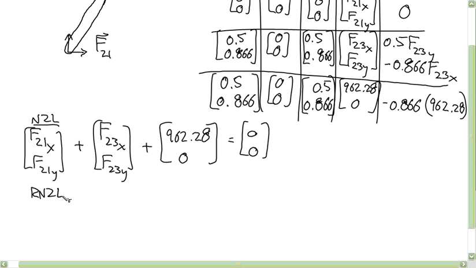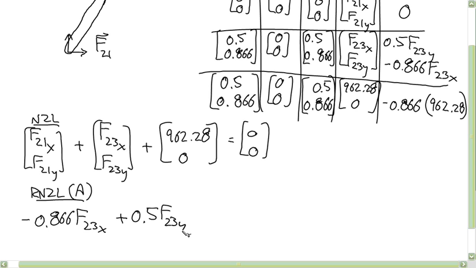And the rotational equation says negative 0.866 F23x plus 0.5 F23y minus 833.33 is equal to 0.